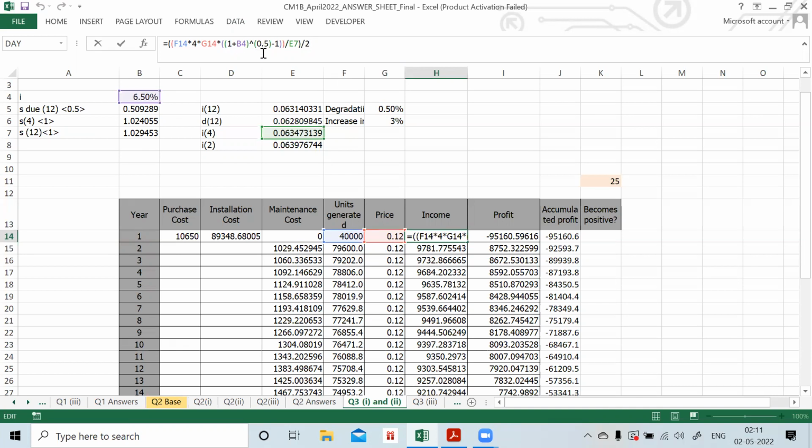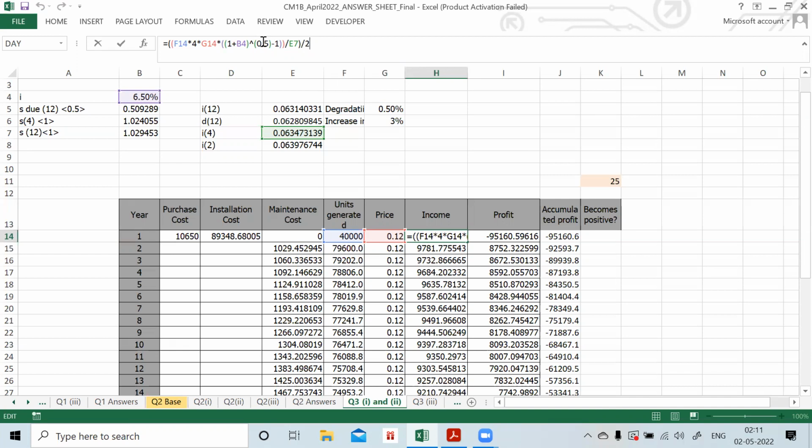Then we have this for half year. So we need to calculate the half year accumulation value, which is nothing but 1 plus i to the power 0.5 minus 1, divided by i4. We'll accumulate this entire thing for the next part of the year, from 6 to 12 months, because payments are made quarterly in arrears.